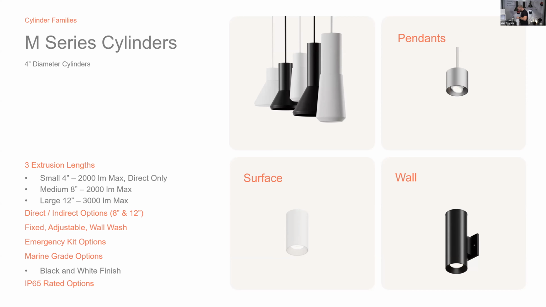The slim bracket, just to note in terms of coordination, is only going to work on a single gang electrical box. So that slim bracket is really smaller or lower in profile than the width of the cylinder. So it's a nice slim architectural look that you get out of that. But just note that for your installation, the junction box has to be only a single gang junction box there.